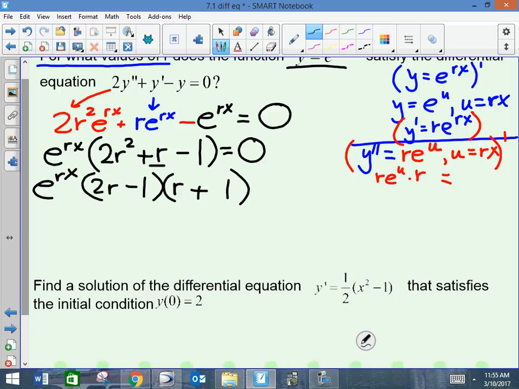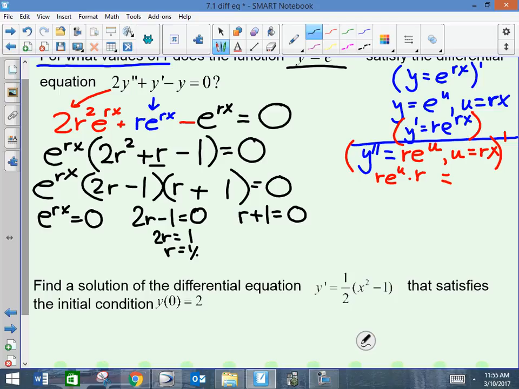Okay, now, when we got 0, we got a bunch of factors. What do we know about each of those factors? It could be 0. Okay, this is easy. r equals 1/2, that's one value. r equals -1, that's another. What about that one, e to the rx?